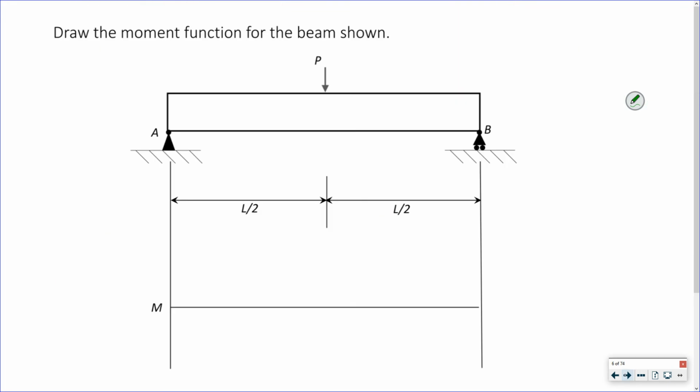So now I want you all to channel your inner structural analysis, and draw the moment diagram for the simply supported beam subjected to a concentrated load in the middle.